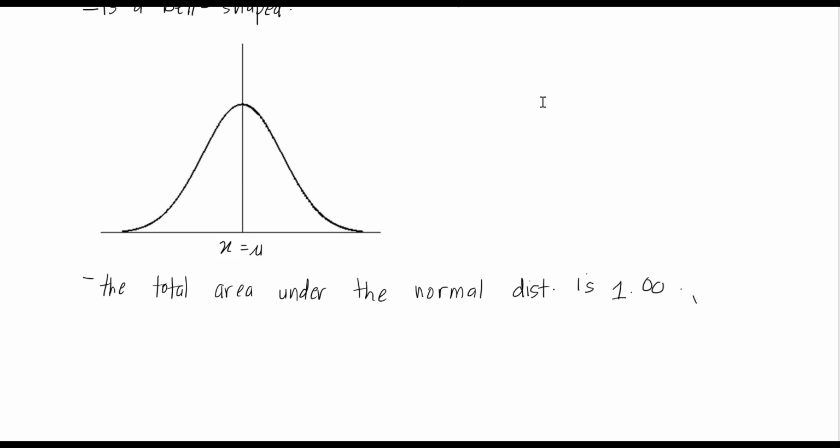And the curve is symmetric. That means this one is 0.5 and this one is 0.5. So it is symmetric. And the mean, median, and also the mode are equal and located at the center.